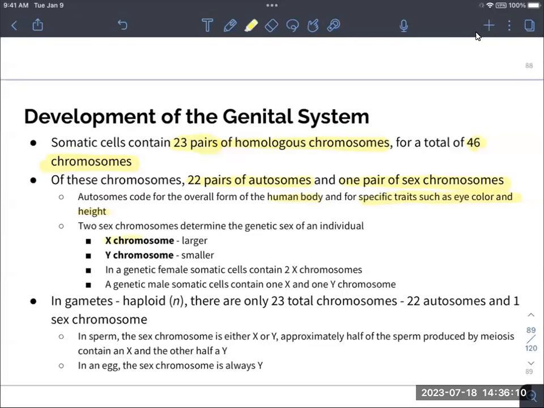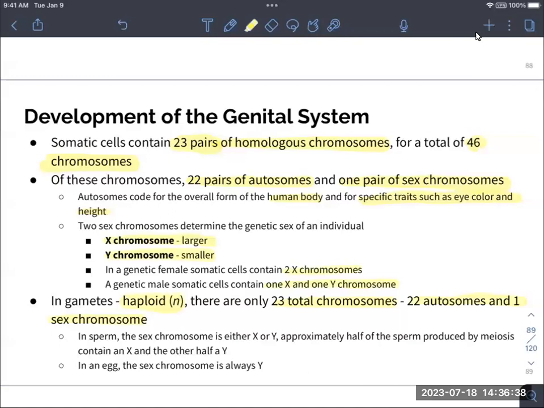The X chromosomes are a lot larger, and that's for female. Y chromosomes are smaller. A genetic female has 2 X chromosomes. A genetic male has 1 X and 1 Y chromosome. In a gamete, the oocytes and the sperm, there are 23 chromosomes: 22 autosomes and 1 sex chromosome.